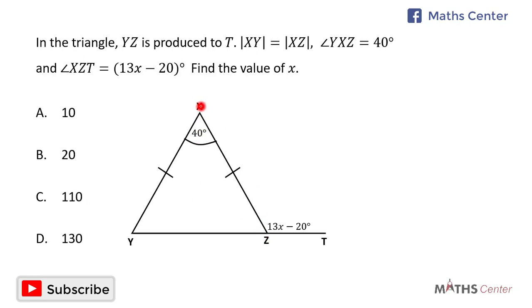If the triangle XYZ is an isosceles triangle, then it means that the angles formed at the base are also equal. So the angle here will be equal to the angle here.